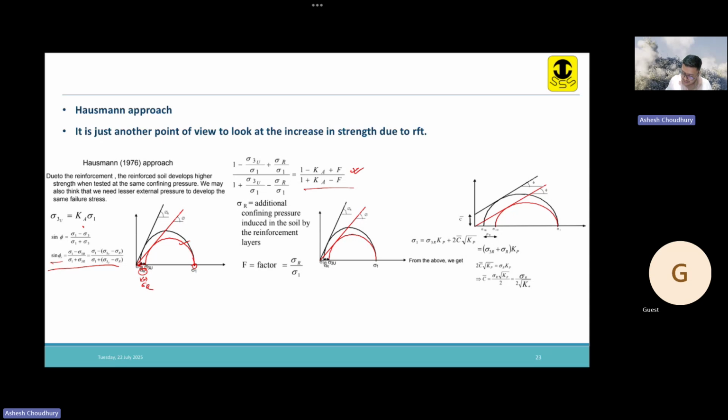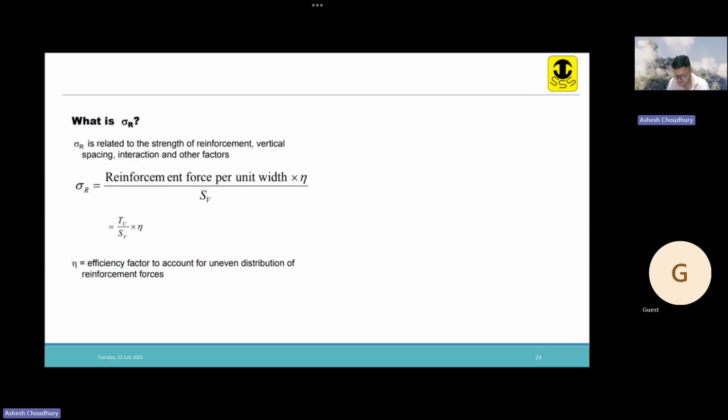Similarly, it can be explained by the previous approach where I explained the apparent cohesion. Similarly, we'll get this. It's the same thing, we are just explaining it differently.